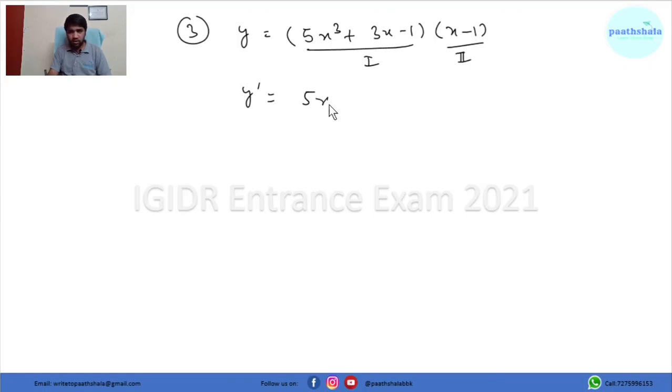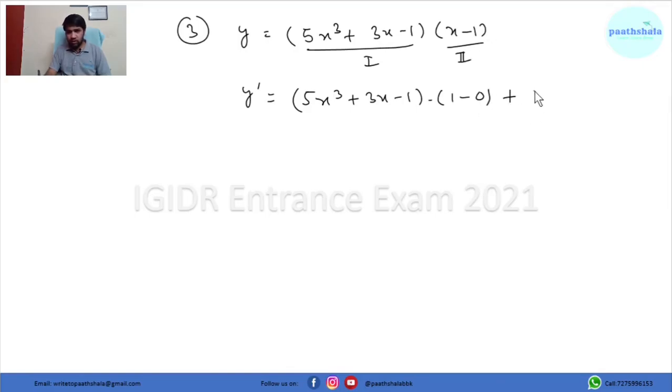So let's write the first function 5x cube plus 3x minus 1 and differentiate the second function. The second function is x minus 1, so the differentiation of x will be 1 and the differentiation of minus 1 will be 0.